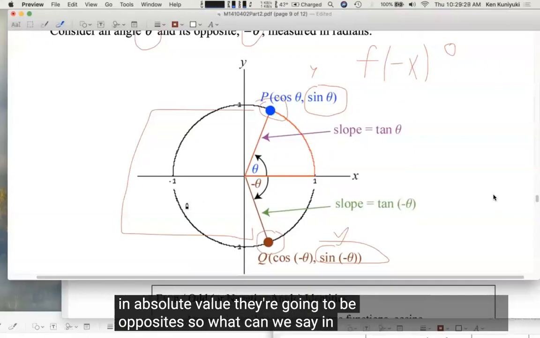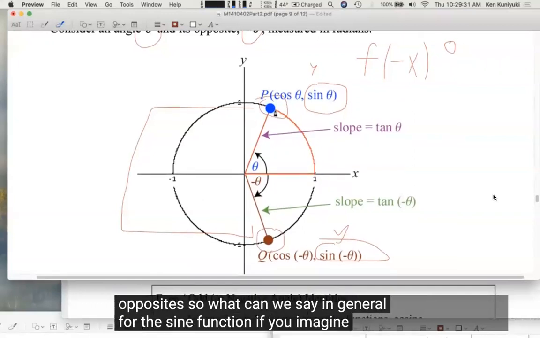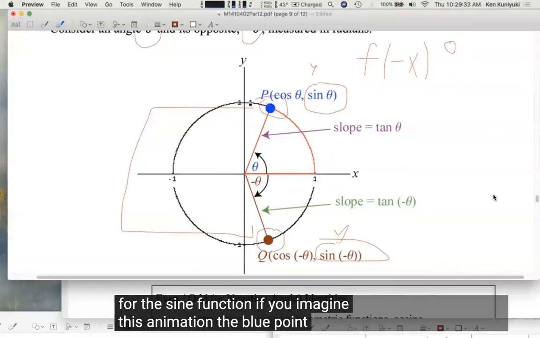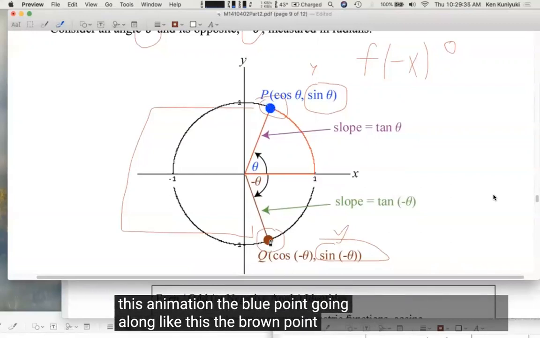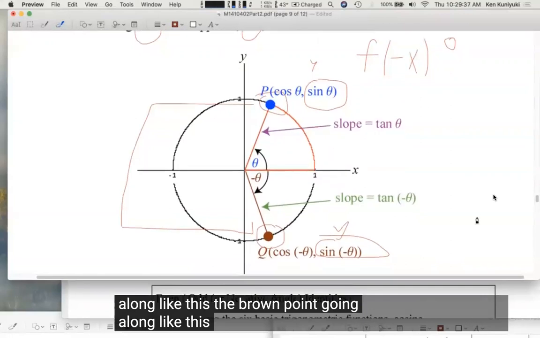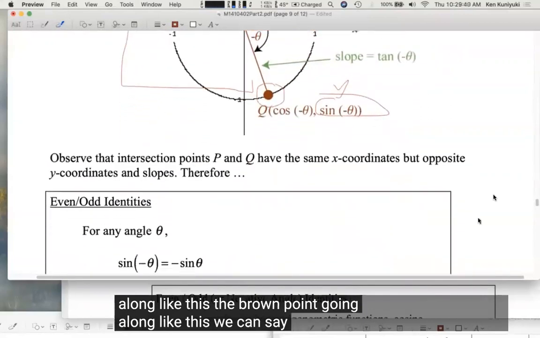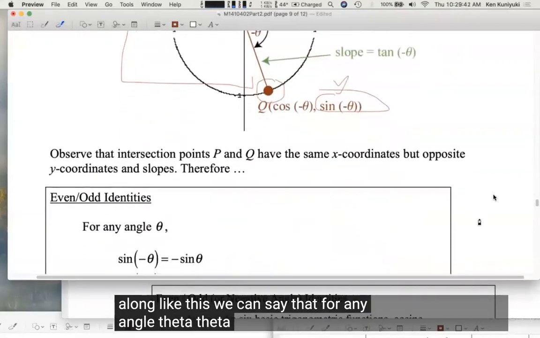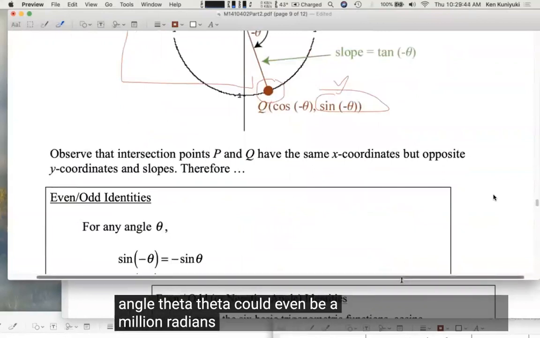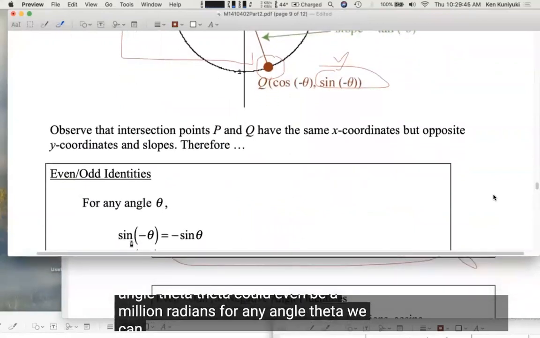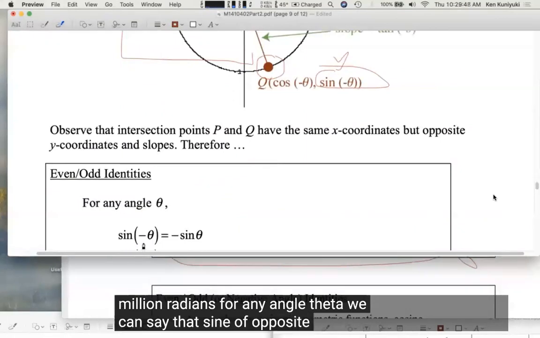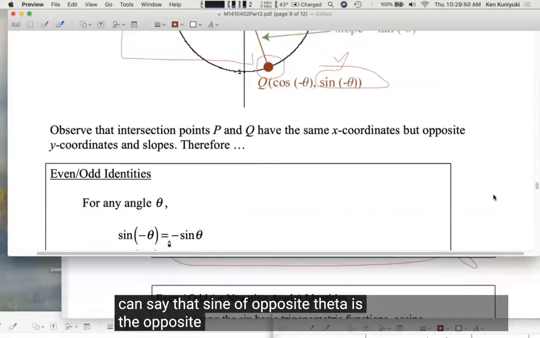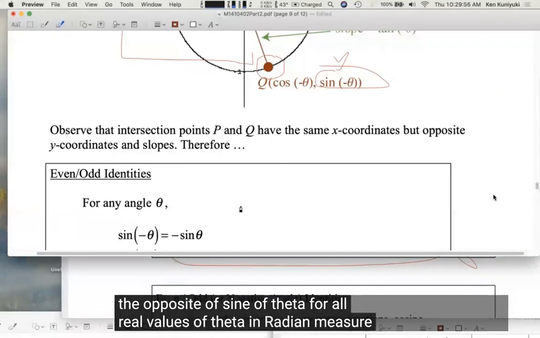So what can we say in general for the sine function? If you imagine this animation, the blue point going along like this, the brown point going along like this, we can say that for any angle theta, theta could even be 1,000,000 radians, sine of opposite theta is the opposite of sine of theta for all real values of theta in radian measure.